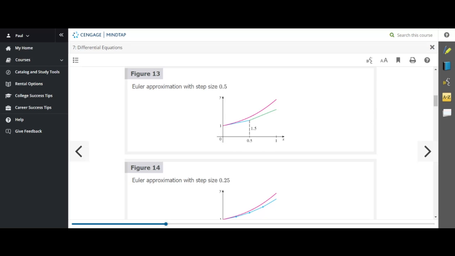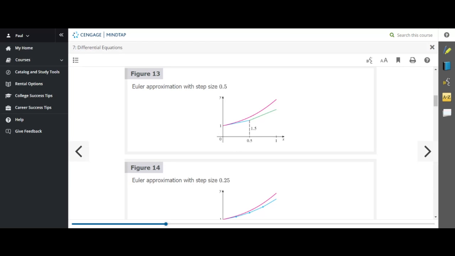The tip of that green line segment would be the approximation to the solution. But of course, at x equals 1, it's not very good. It doesn't approximate the red solution well at all, right?